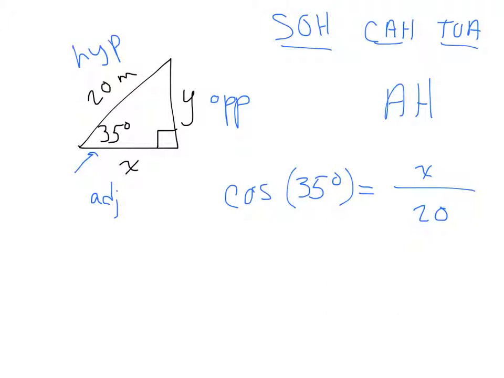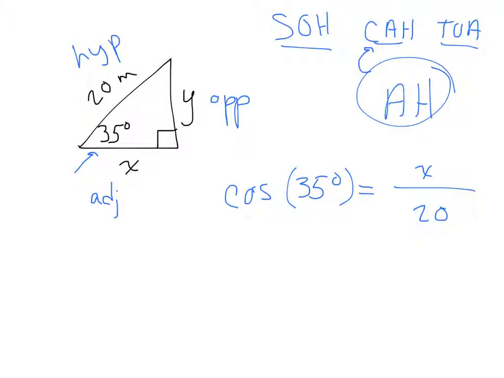Again, I'm plugging into one of the three ratios, either sine, cosine, or tangent. I chose cosine because we were looking for x, which was adjacent, and we had the hypotenuse, which was 20. So we have adjacent and hypotenuse, which tells us to go to cosine.